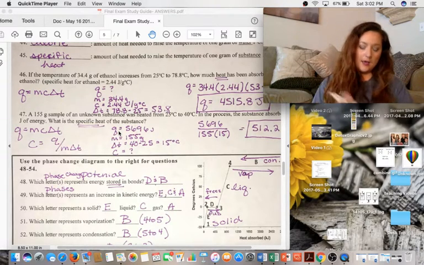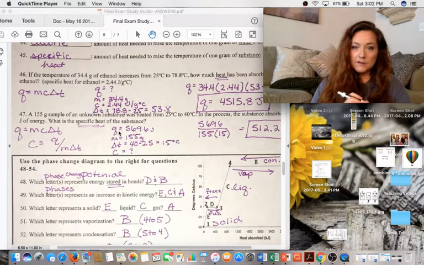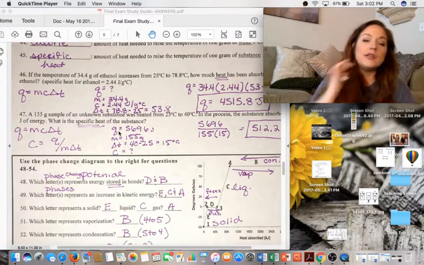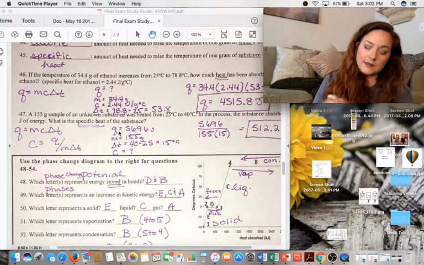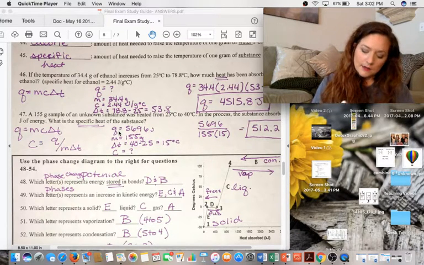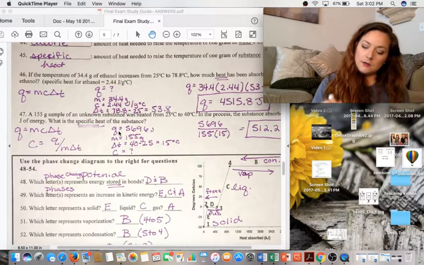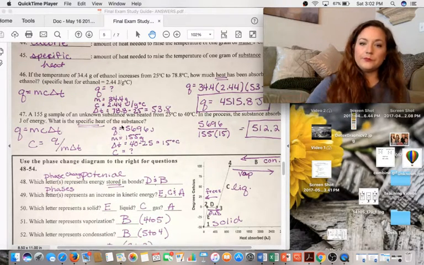Then I'm going to have a mass of 155. Then I have a final temperature of 40 minus the initial of 25, which is 15. So when I take 56.96 over 155 times 15, you should get this answer.